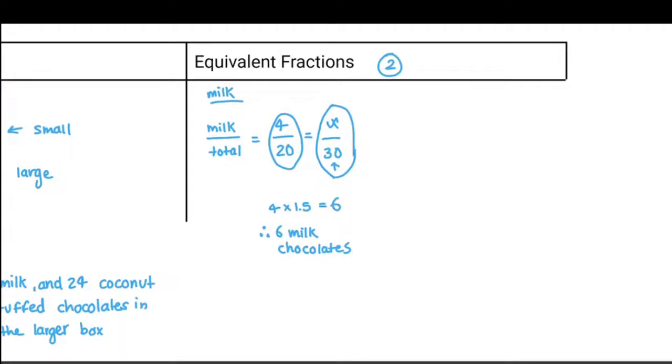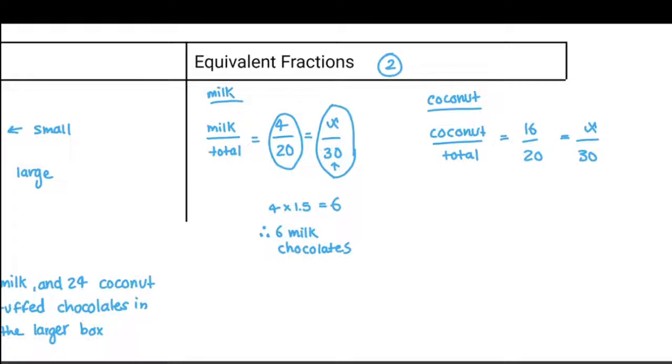So now let's do coconut. So we have coconut over total, which is 16 over 20 in the small box and an unknown value over 30 in the large box. So we divide 30 by 20, which we already did, to get 1.5.